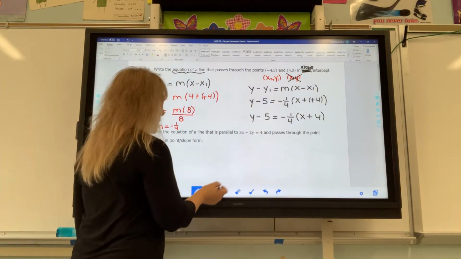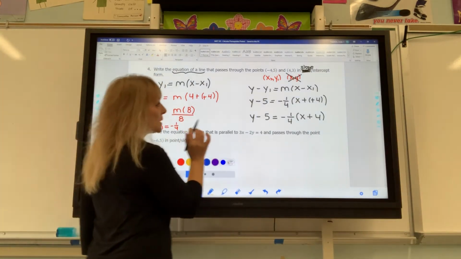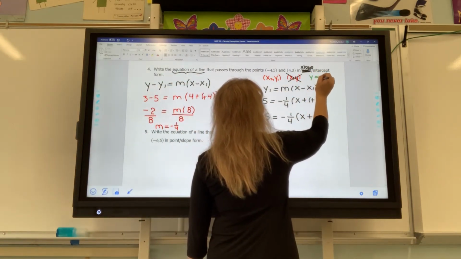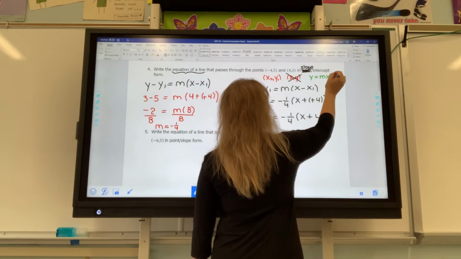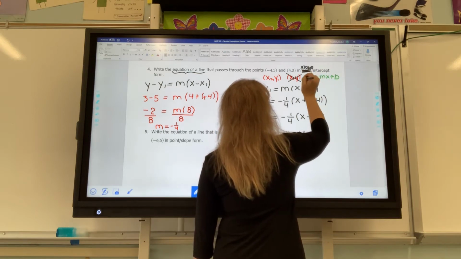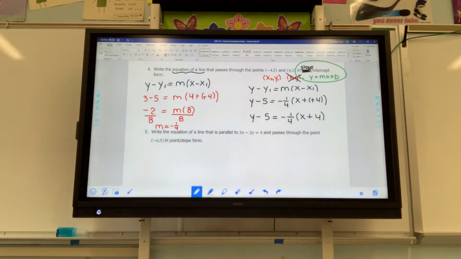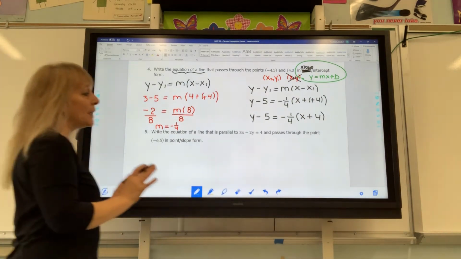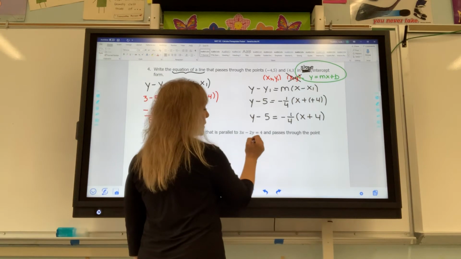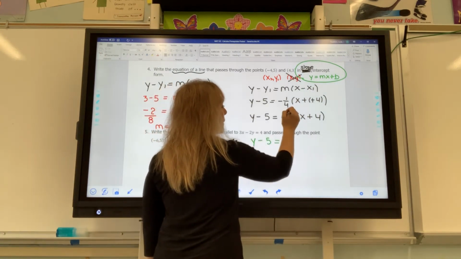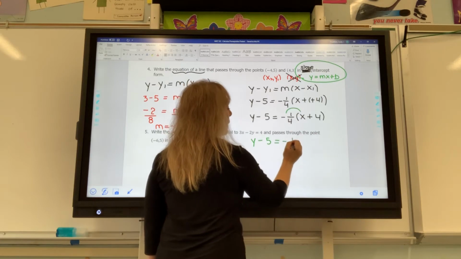You have to know that slope intercept form, just in general, I'll put it over here, is the y equals mx plus b. This is the format that you need to have your answer in, because that's what slope intercept form is. So I'm going to get there. The first thing I'm going to do, I'm just going to move it down, is y minus 5. I'm going to distribute. I'm going to get -1/4 x.